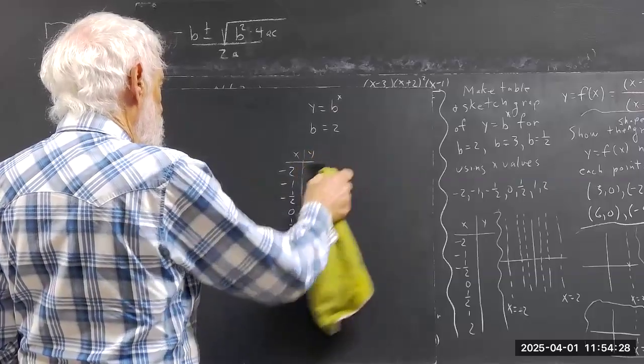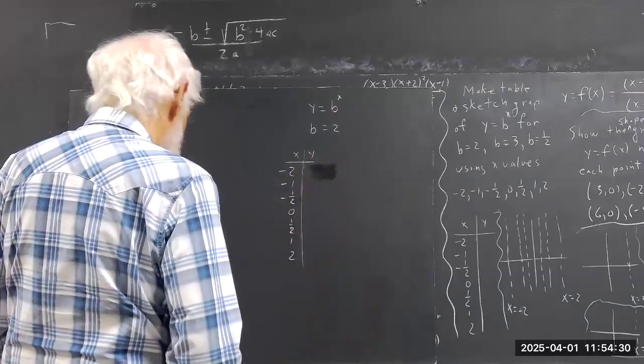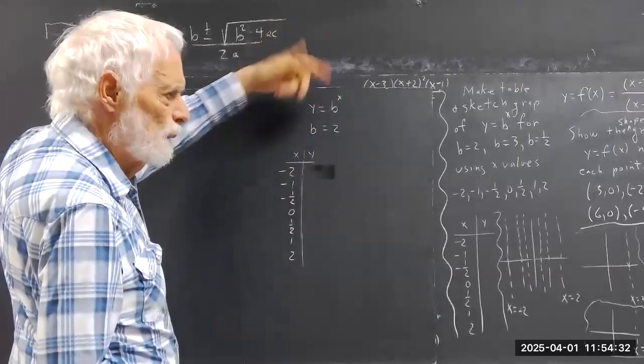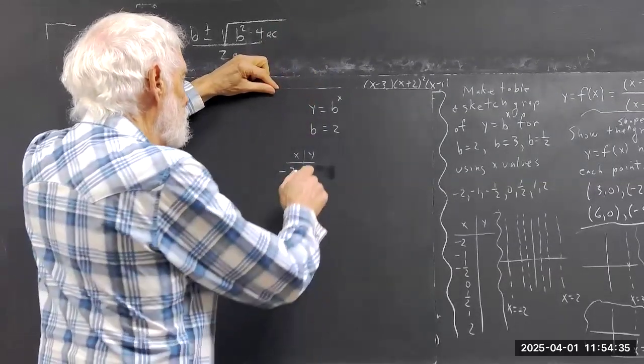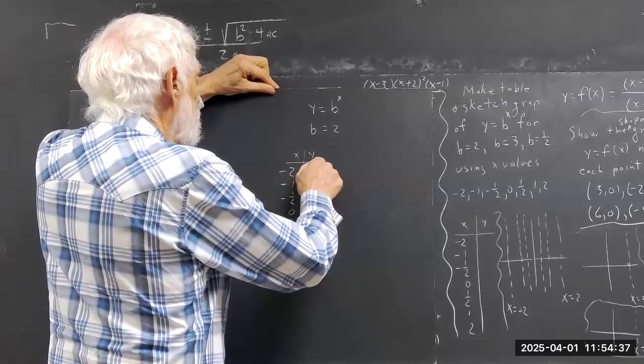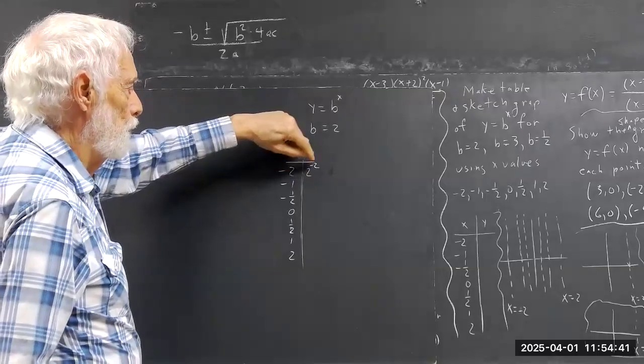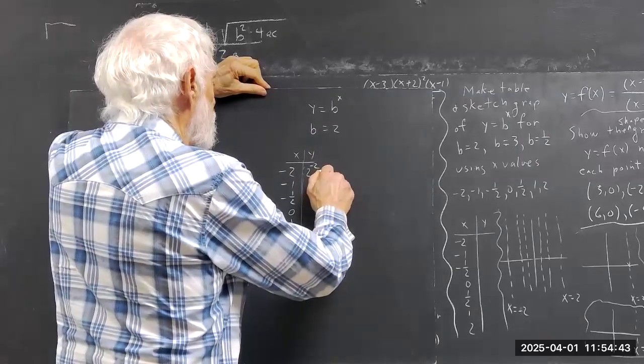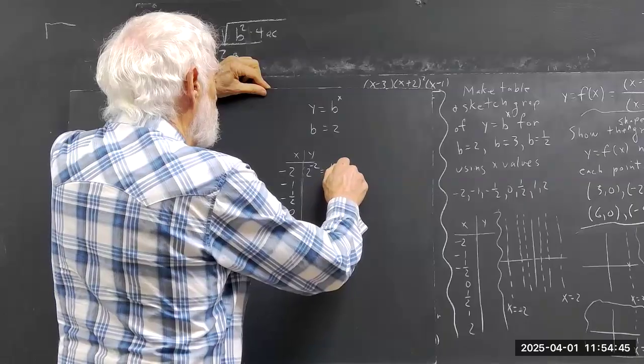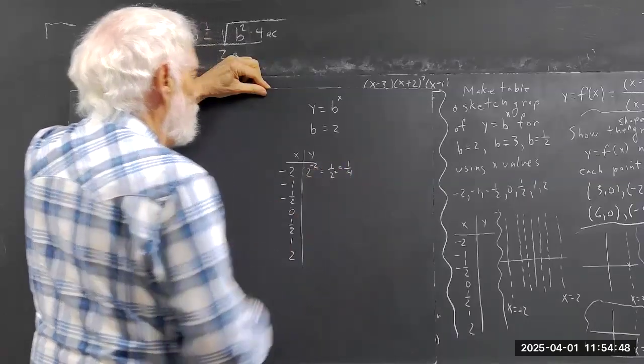Another thing you got to do that I don't always do is, I know what you're doing correctly. This is b to the x. This is 2 to the -2. Okay, 2 to the -2, which is 1/2 squared, which is 1/4.